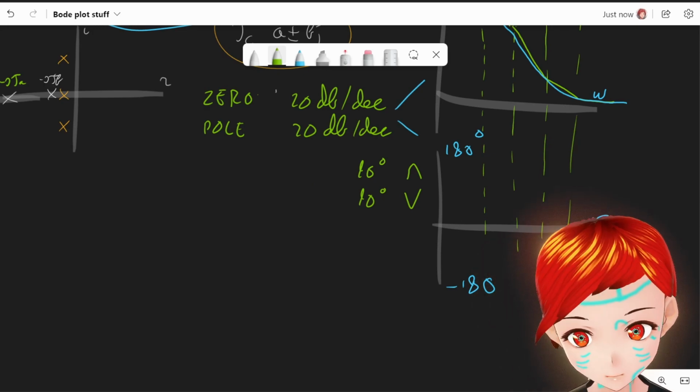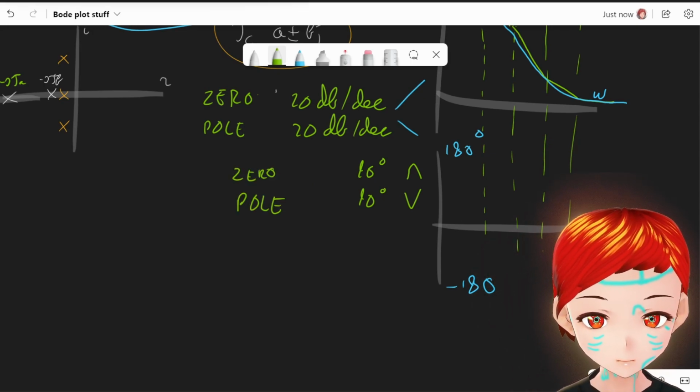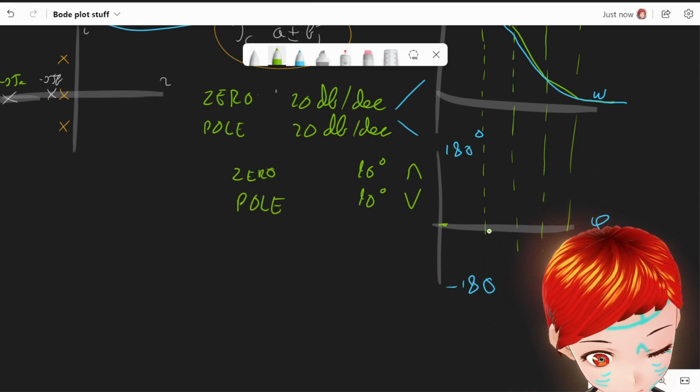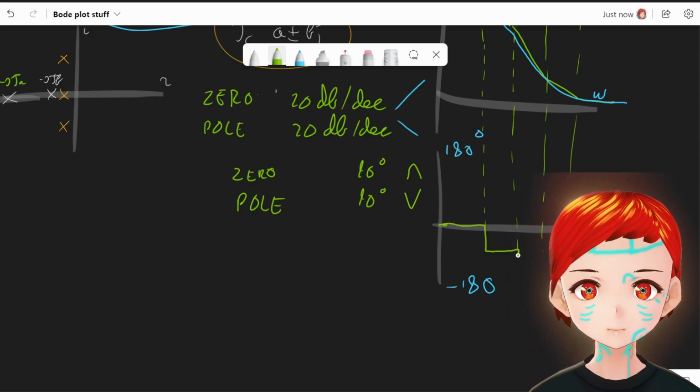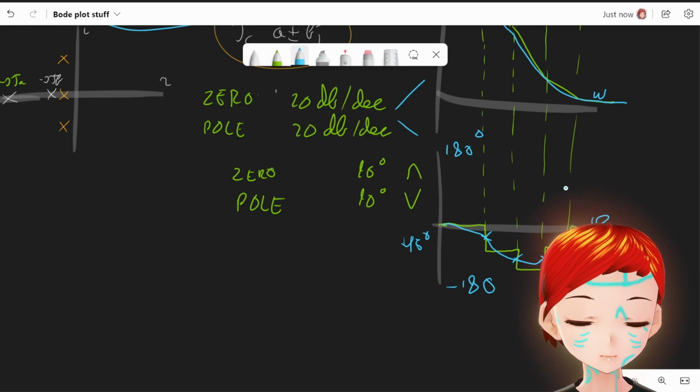So we can assume that it just begins at 0, and then around here, it'll go down by 90 degrees, here again, and then back up. Again, it's going to be smooth, where we can just assume that it goes through the 45 degree points around here. So it'll just go through all these points.